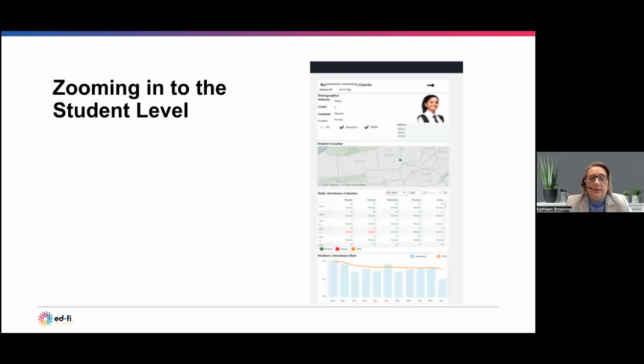That gives you the ability to see student data in detail. And this example shows student demographic data, student sections, as well as student attendance. And they can watch the students' attendance trending up or down, or grades that are coming in based on progress grades or grading period grades to see how the students are doing.